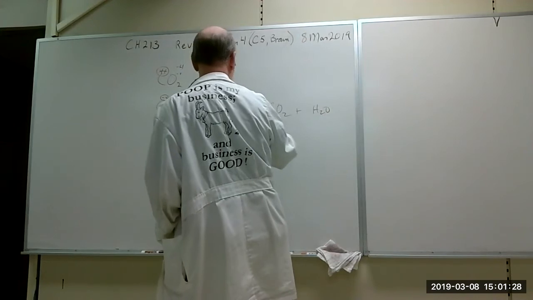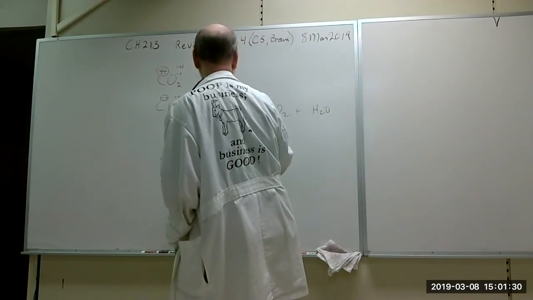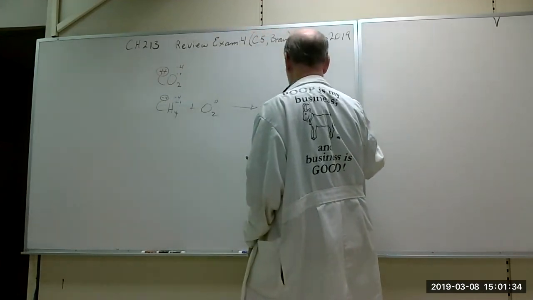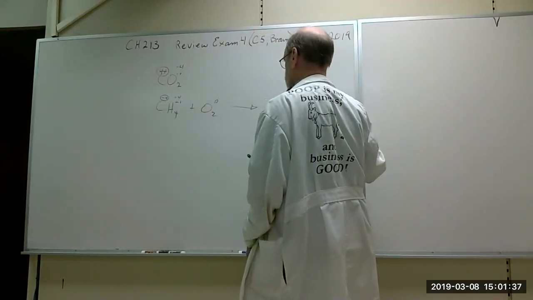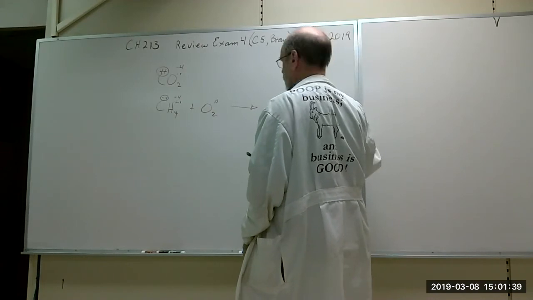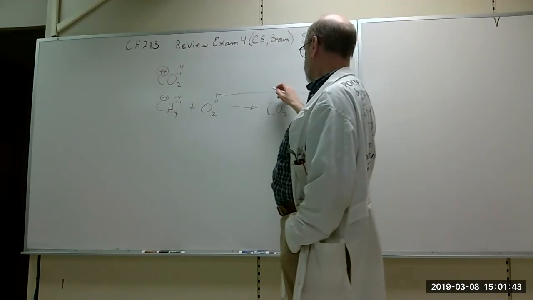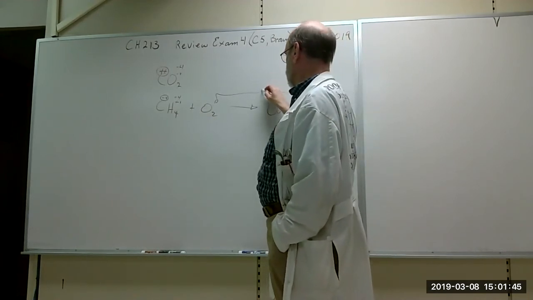So this one is going to go from, well, actually the oxygen is going to stay. No, this is -2. Yeah, and this is +1. So this one's going to go from 0 to -2, right? So it's going to gain electrons. It's going to be reduced.